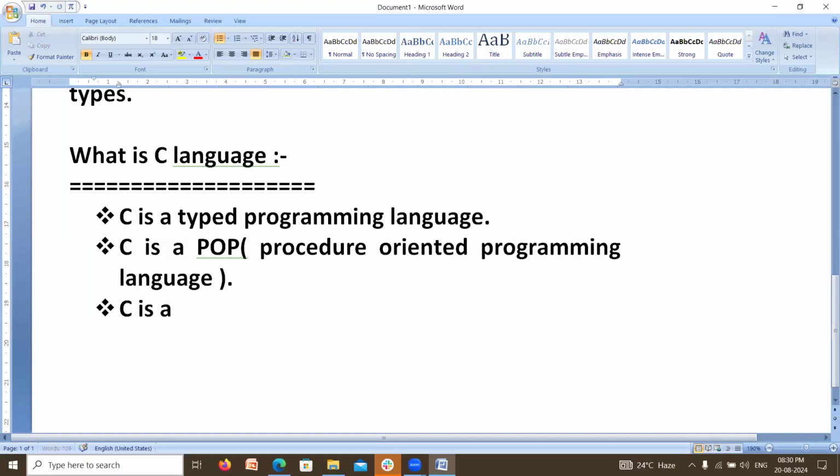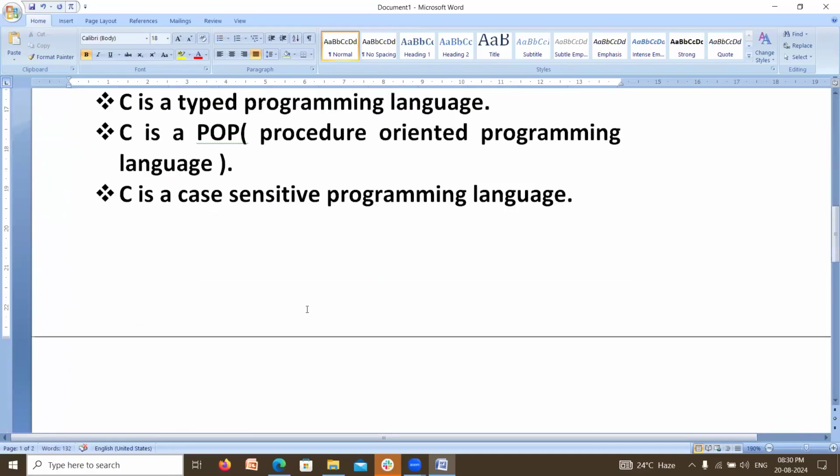C is a case-sensitive programming language. What is the meaning of case-sensitive programming language? Friends, I am typing two words here. First one is Rama, second one is also Rama. Is there any difference between these two? No, sir.